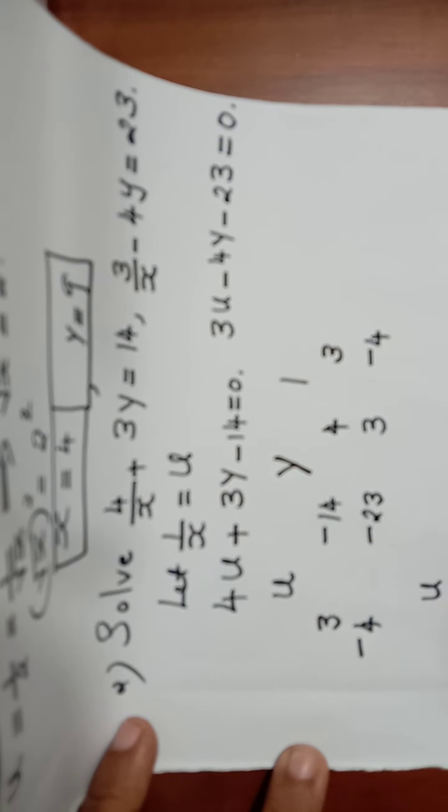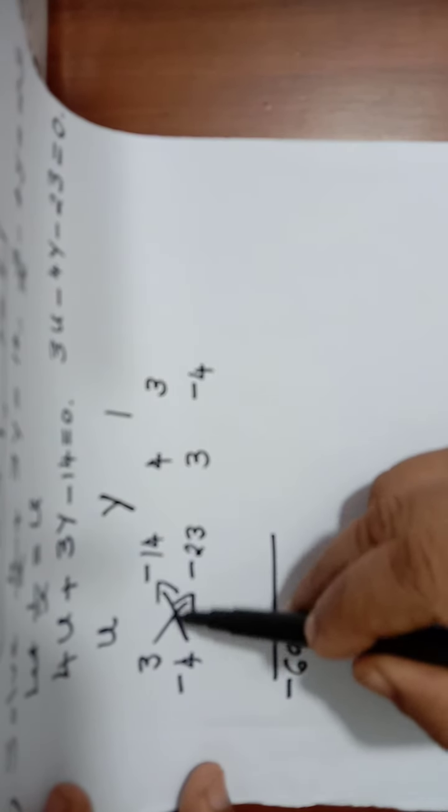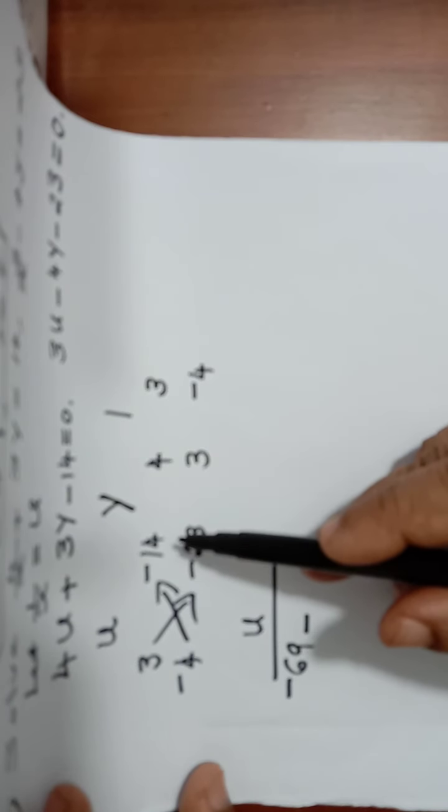We will cross multiply, u divided by 3 into negative 23, which is negative 69, minus, negative into negative is positive, 4 into 14 is 56. So be careful.